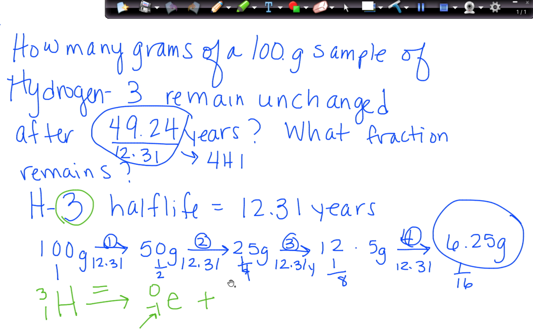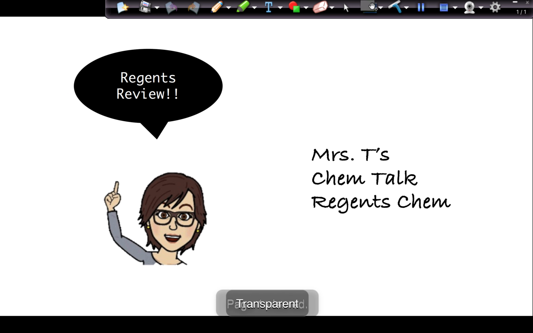We treat our arrow as an equal sign. 3 equals 0 plus 3. 1 equals -1 plus 2. And that means that in our natural transmutation of hydrogen-3, it emits a beta particle and turns into a nucleus of helium-3. This is a nuclear reaction. This is transmutation. And because it is a nuclear reaction, it gives off tremendously more energy than a regular chemical reaction would.